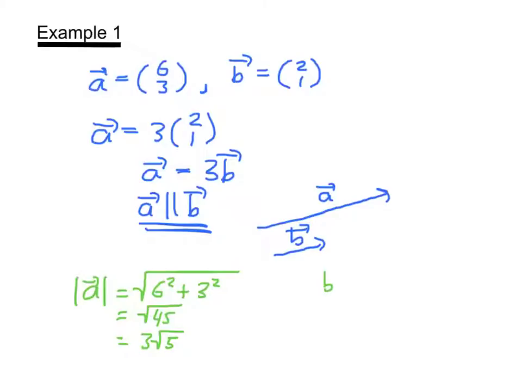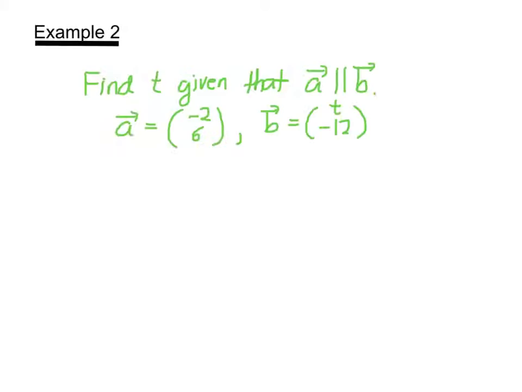And for vector B, we have the square root of 2 squared plus 1 squared, which is indeed the square root of 5. So notice that the length is really being multiplied here by the scalar. Notice that A is 3 times the length of vector B, and the directions are exactly the same.